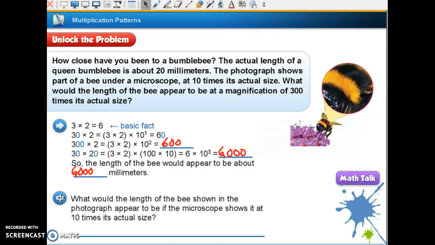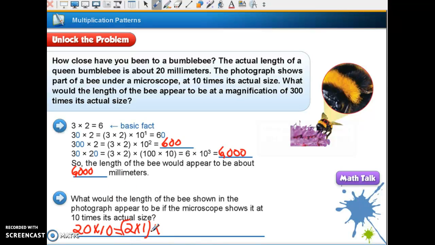What would the length of the bee shown in the photograph appear to be if the microscope shows it at 10 times? So it's 20 millimeters long, and we're going to multiply it by 10. So what is 2 times 1? There's our basic fact.